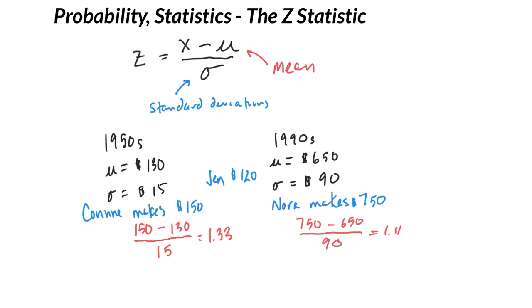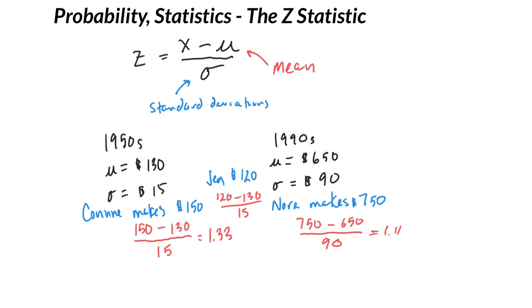And the answer is no. You should absolutely calculate this to get that negative value, because the negative represents the fact that in this case Jen is below the average worker, and we want to keep that. A positive indicates the individual is above the average, and a negative indicates they are below the average, and we want that to be part of our calculation.